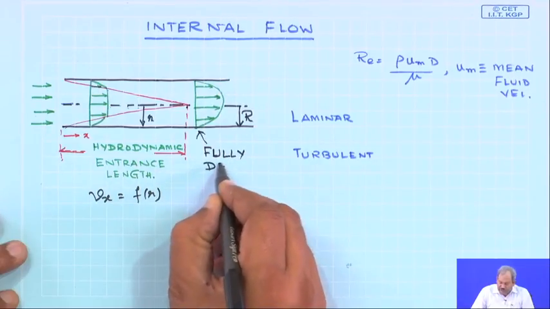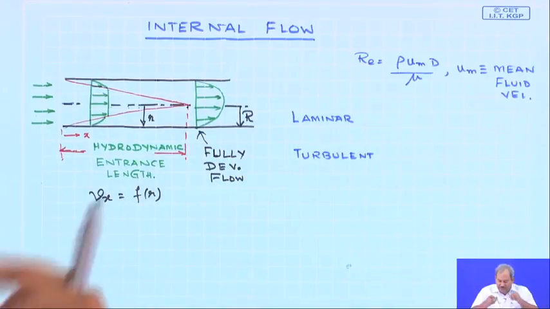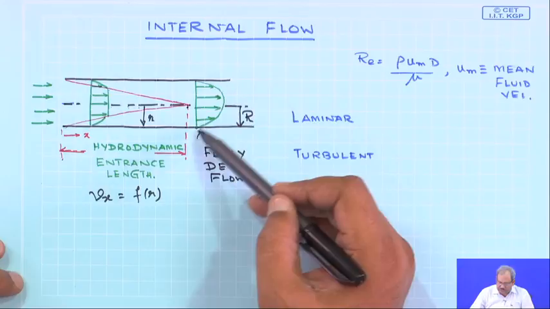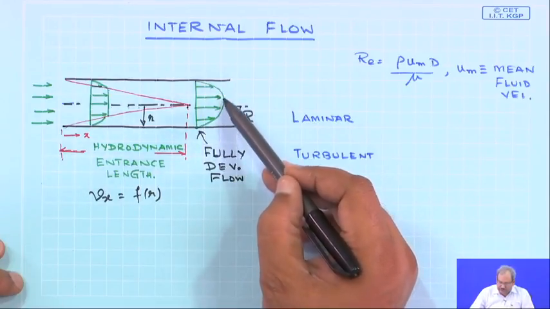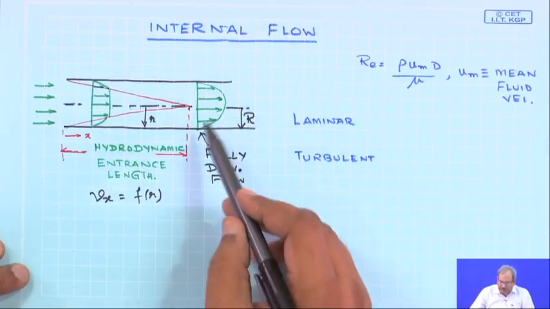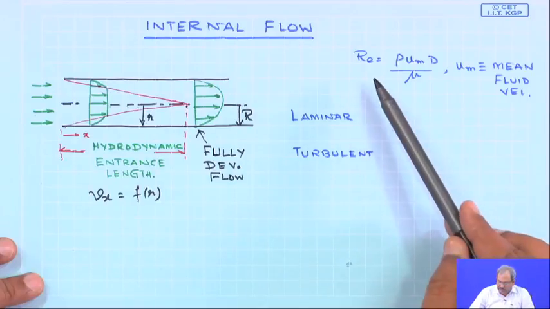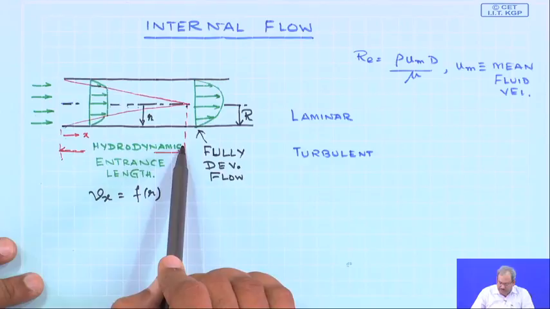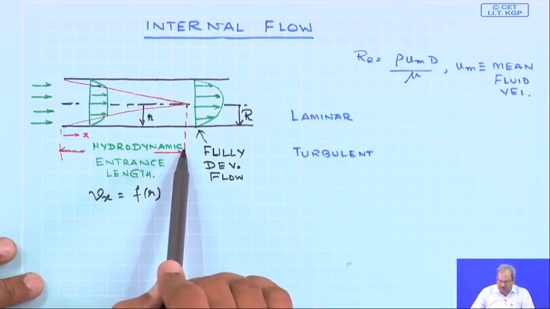In fully developed flow, the entire fluid mass is experiencing the viscous forces, which allows you to derive the dependence of the velocity on r, and we all know that it is going to be parabolic in nature. Of course, what this hydrodynamic entrance length would be is something very important. You would like to know what this entrance length is.